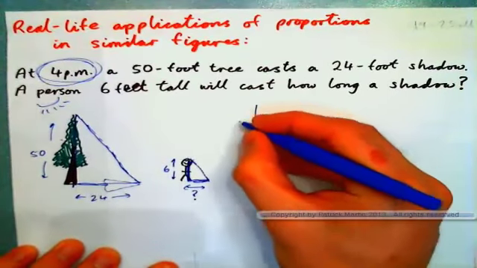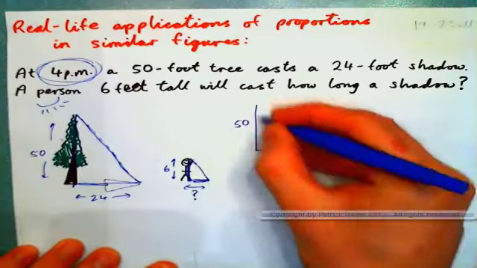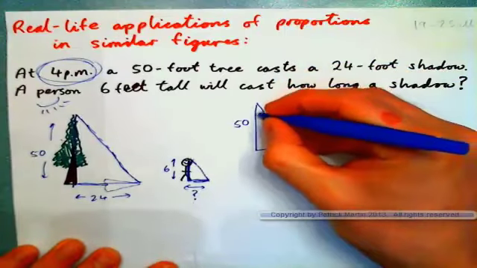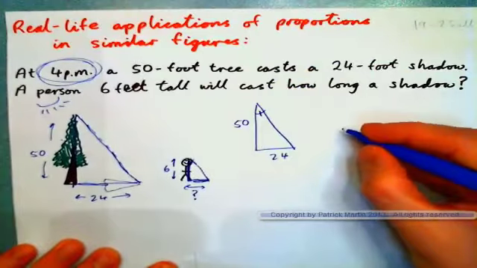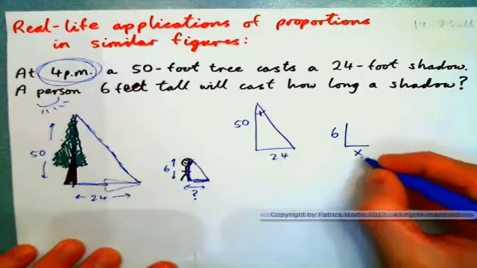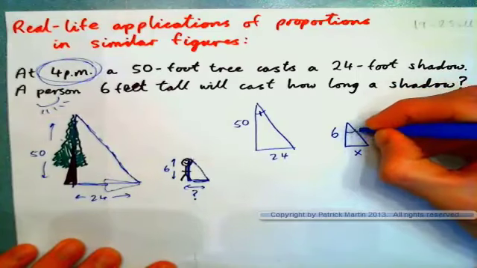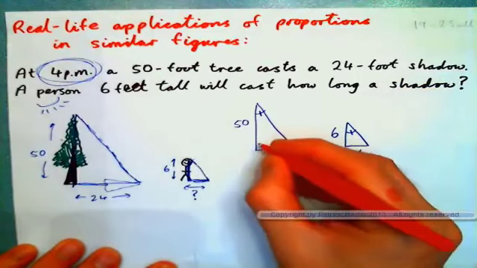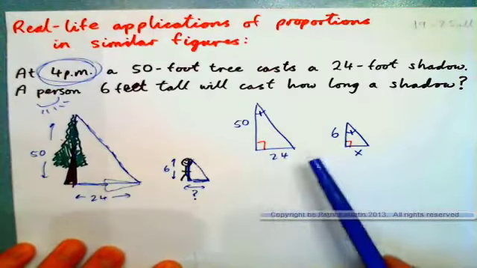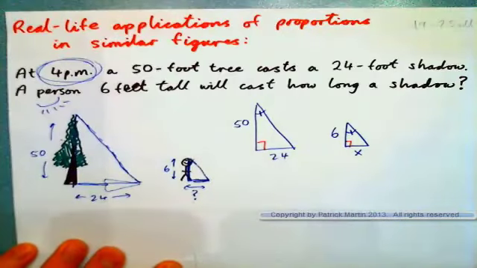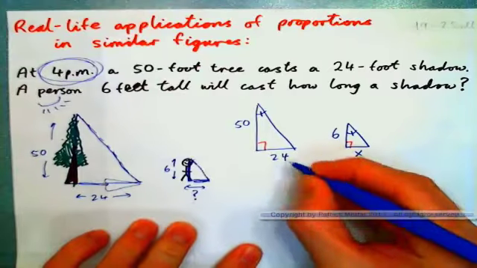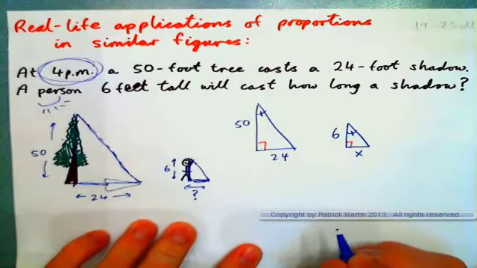One triangle has the height of the tree, 50, and the shadow is 24 feet long, and this angle here is the same. Another triangle is 6 feet high. This distance is unknown, we'll call it x. Again, this angle is the same. This is also a right angle triangle, so we do have similar figures, triangles of the same shape. And we know what to do from here. We need to find the value of x.